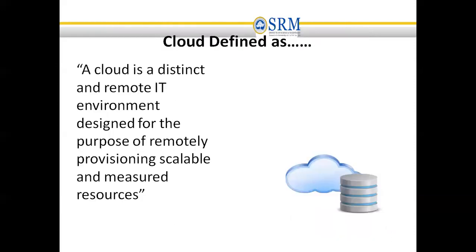Knowing about cloud computing, we can define cloud as a distinct and remote IT environment designed for the purpose of remotely provisioning scalable and measured resources. In specific, we normally define cloud as an IT remote environment designed for remotely accessing the resources.